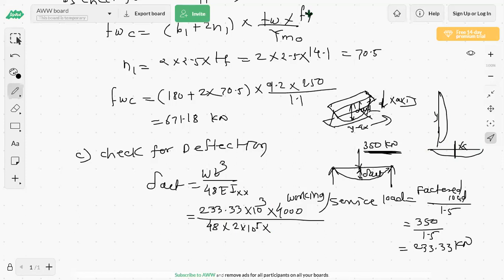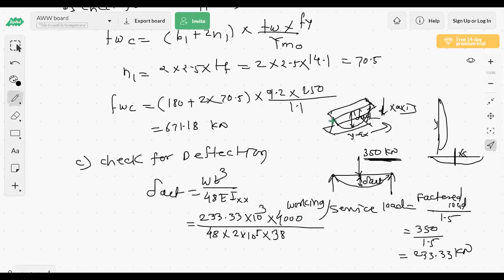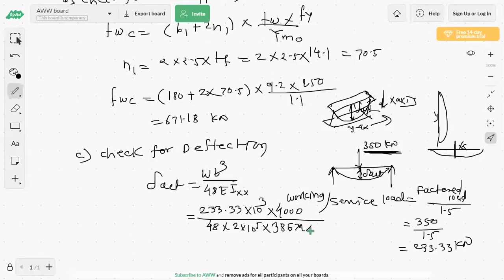We have to take here Ixx 38 something. 38579, 38579 into 10 raised to 4.